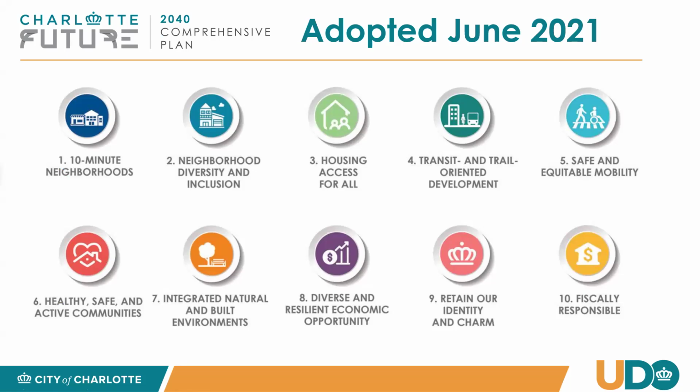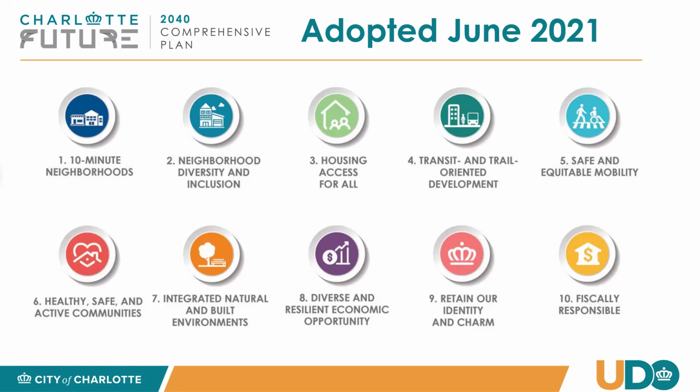And each one of these goals had several policy items that were priorities underneath them. And those goals included, first and foremost, 10-minute neighborhoods. So how are we creating walkable neighborhoods where you can get daily needs and services within 10 minutes of where you live, whether that be by walking, biking, scooter, you can get those services.